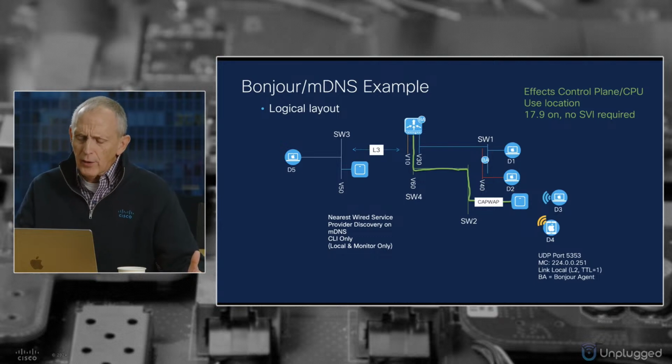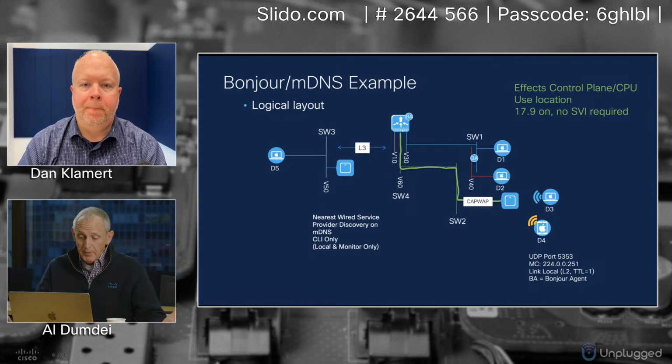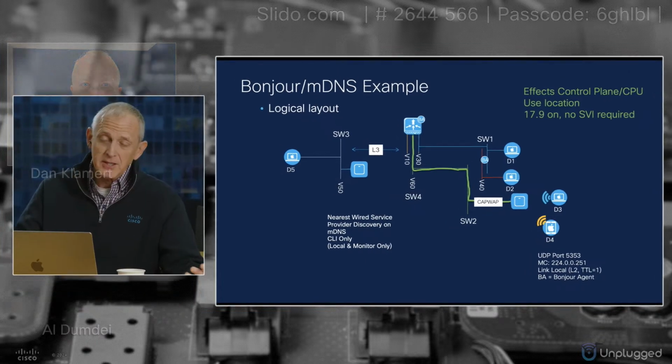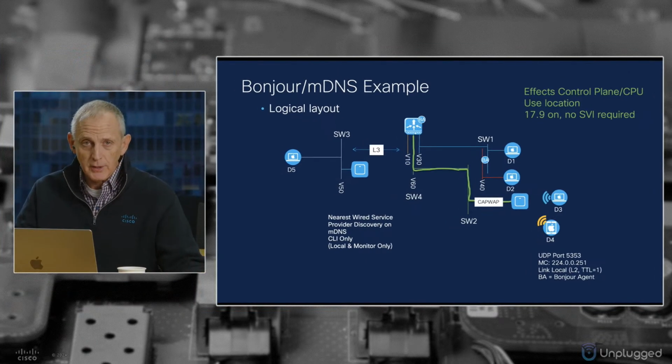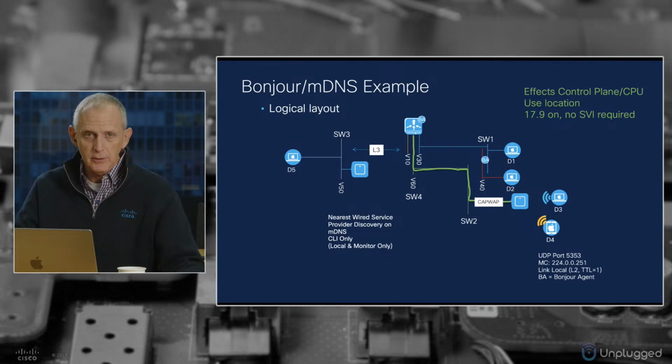Now, Al, can you refresh our memory on that mDNS AP role? Can that AP be doing other things as well? Absolutely. That's a great point. That AP that's running mDNS, that's like a sub-mode of what that AP is doing. It's snooping traffic, but it's also performing your typical AP duties, so it's still client serving.